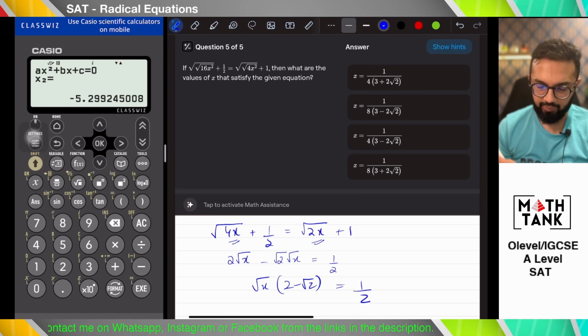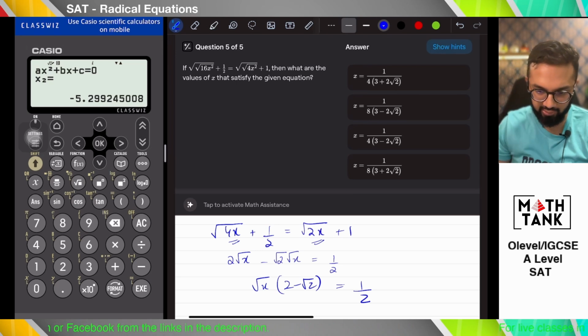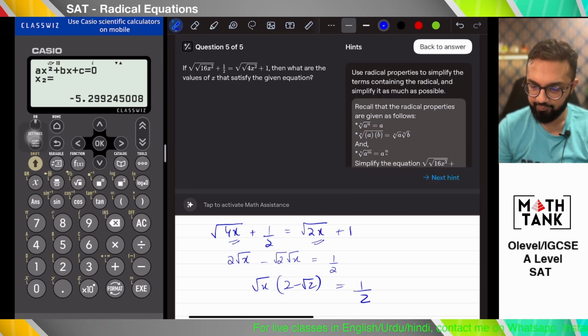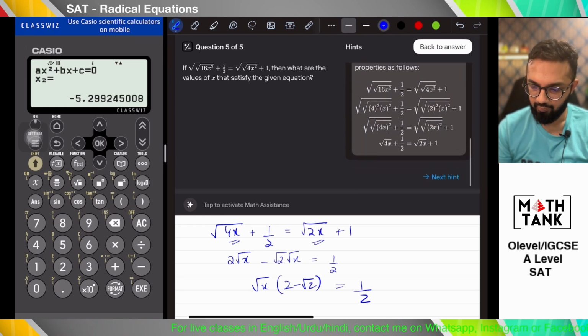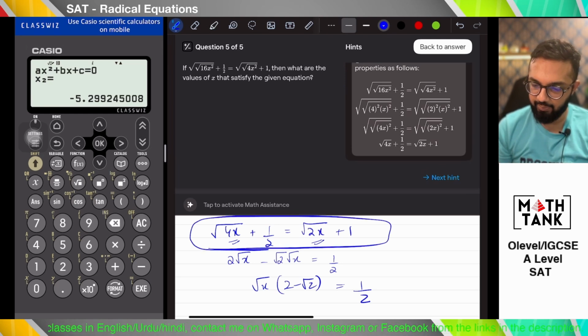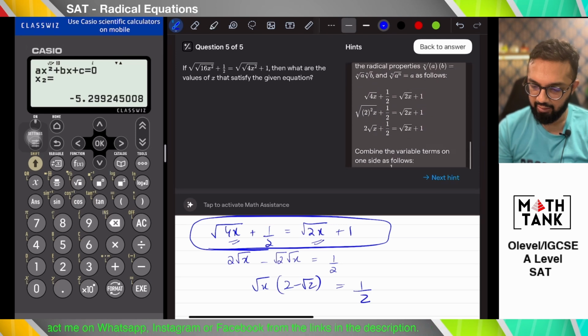The root of 4 gives me 2 and root of 2 gives me root of 2 and x separately. Okay, let's again check if I've done everything correctly. Okay, so far so good. That's the answer that I have as well. Let's see what they do from there, and let's see if they get a correct answer.